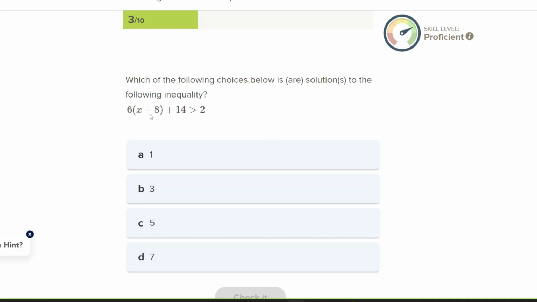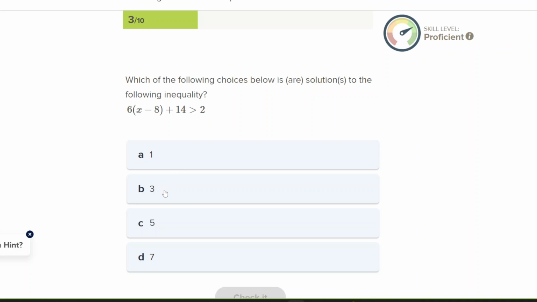And then 6 times -7 would be -42. And then -42 plus 14 would be negative 28. Is negative 28 greater than 2? No, a negative number is never bigger than a positive number. So 1 is not a solution.